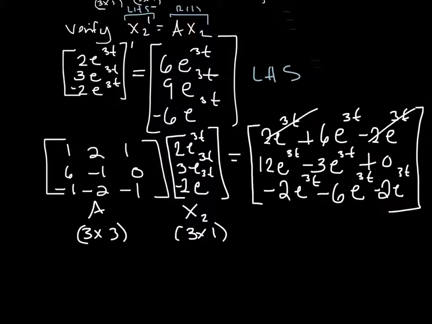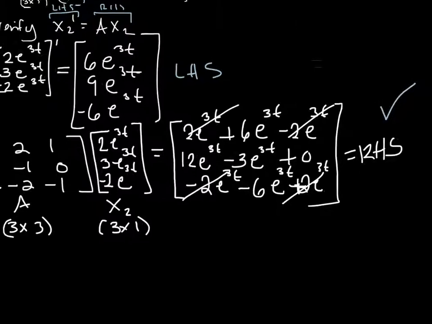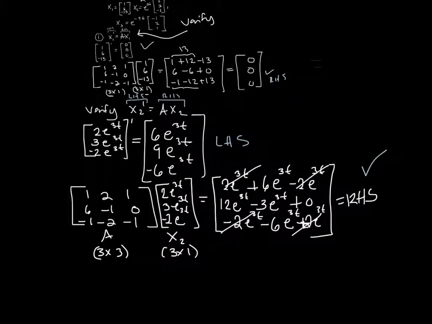Let's see, did I multiply it right? Negative, negative, and the last one actually should be positive. Okay, so there we go. So it checks out. This is equal to the right-hand side. So we verified solution 1 and solution 2, and I'll let you guys do solution 3.